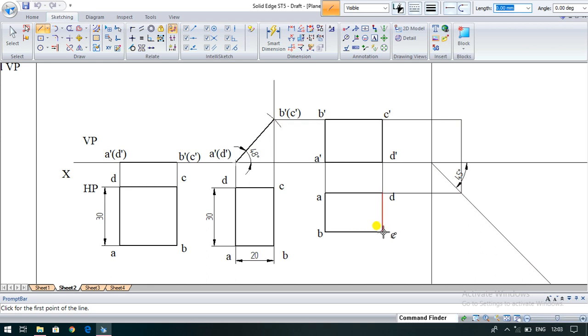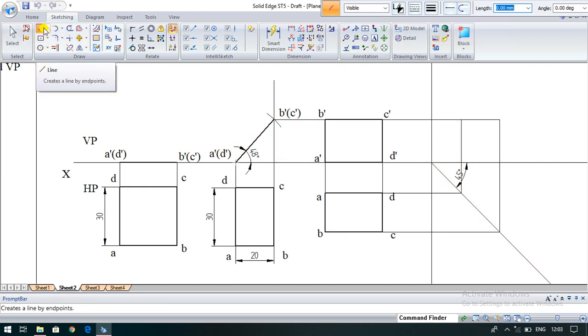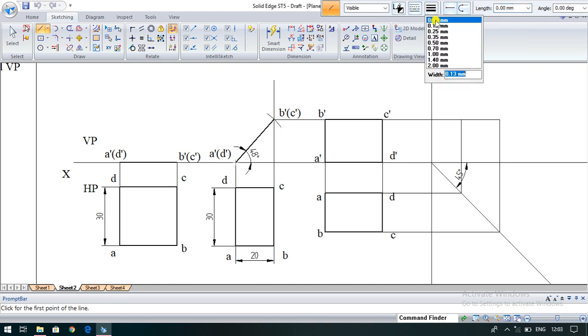Similarly from C also. Okay. Just close the lines. Now you have to obtain the inclination to HP and VP. Already we have the inclination to HP, that's 48. We'll get the same angle here, check whether it is exact or not.